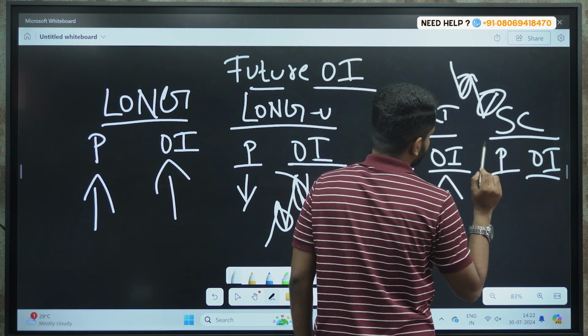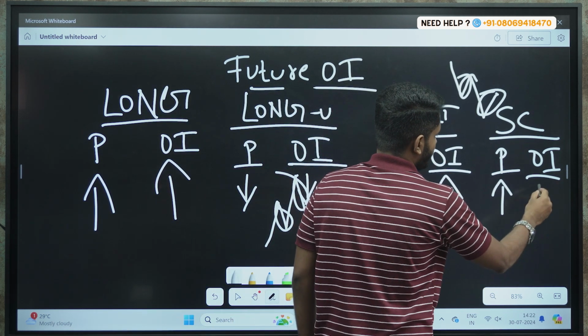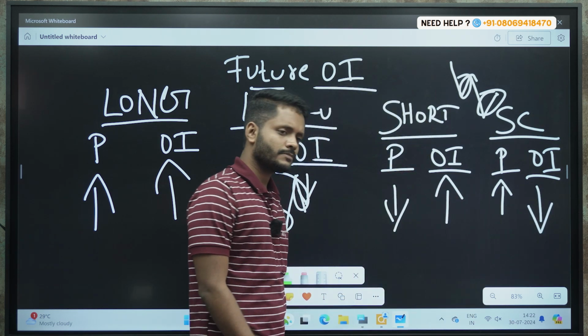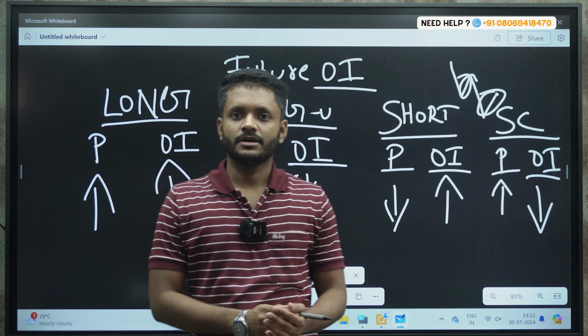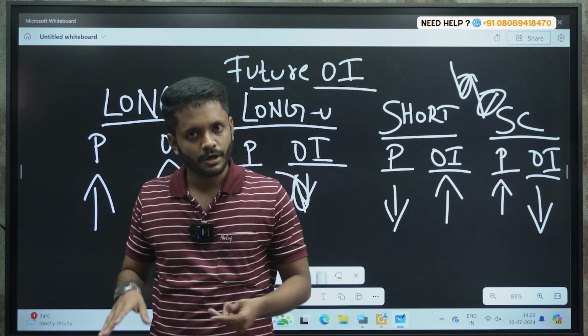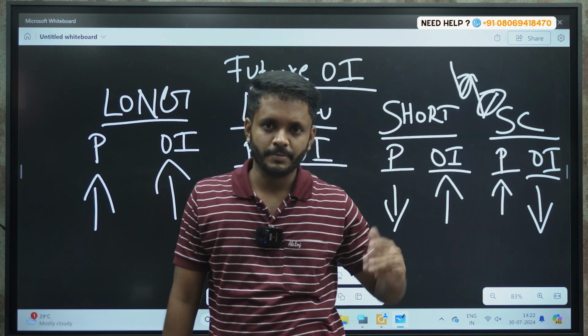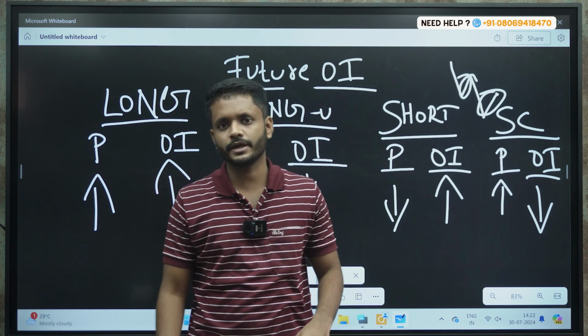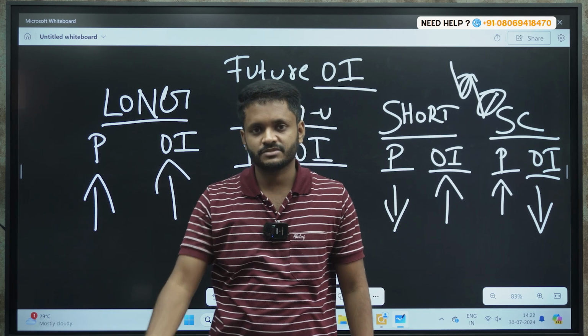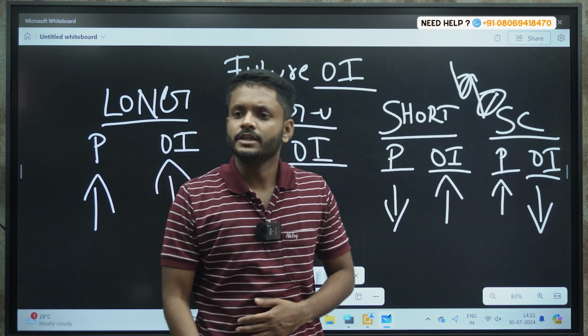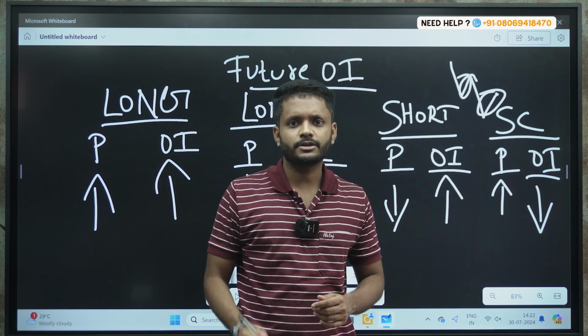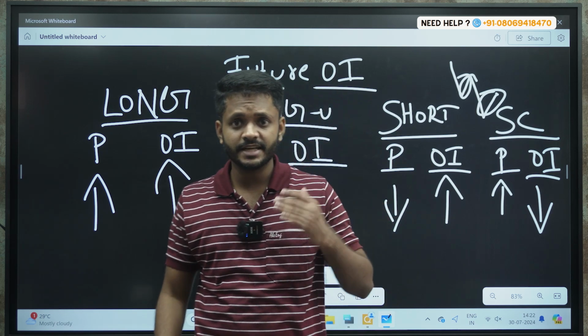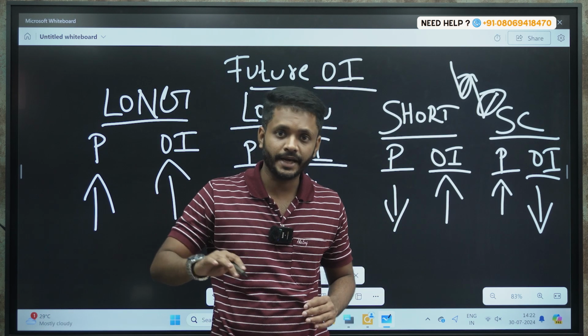So in short covering, usually what happens? Price moves up and open interest drops down, correct? Because say for example, a stock is bound to come down, so fresh short positions are being initiated at say 200 levels. But from 200, if the stock touches 180, usually what will retailers do? They will go and book their positions, correct? So the fresh short contracts which were initiated at 200 are being closed at 180.